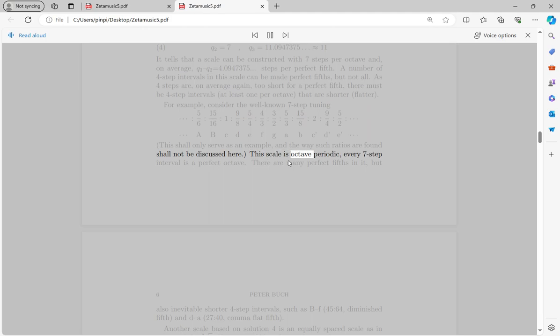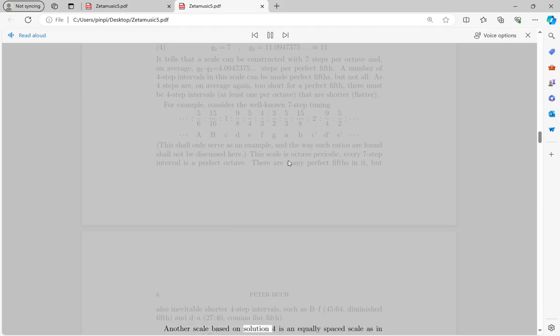This scale is octave periodic. Every 7-step interval is a perfect octave. There are many perfect fifths in it, but also inevitable shorter four-step intervals, such as B-F, 45:64, diminished fifth, and D-A, 27:40, flat fifth.